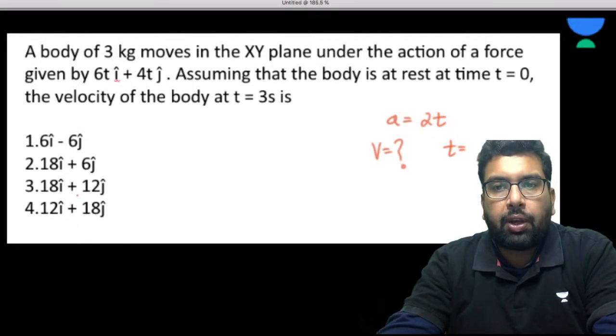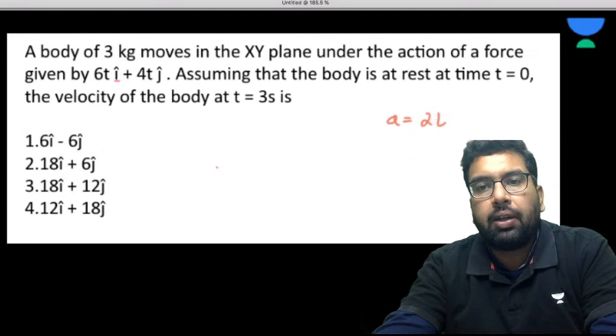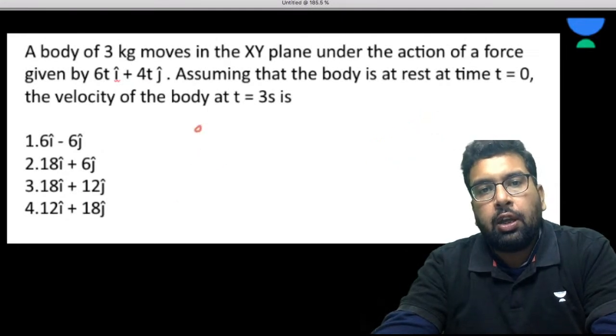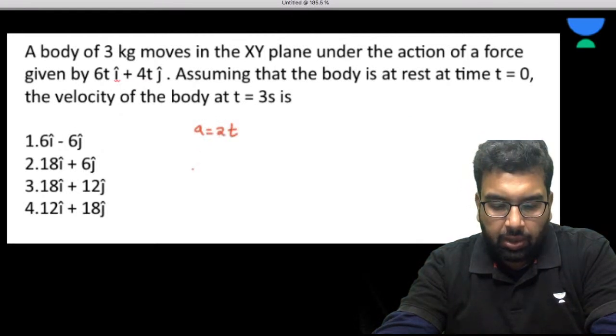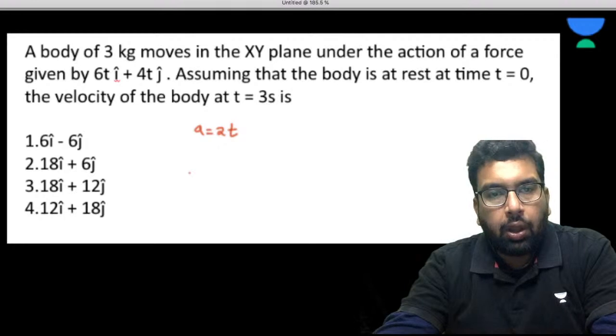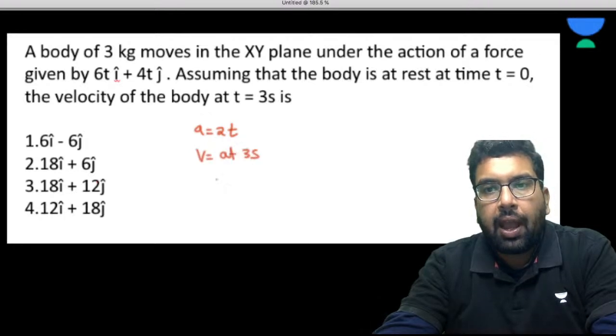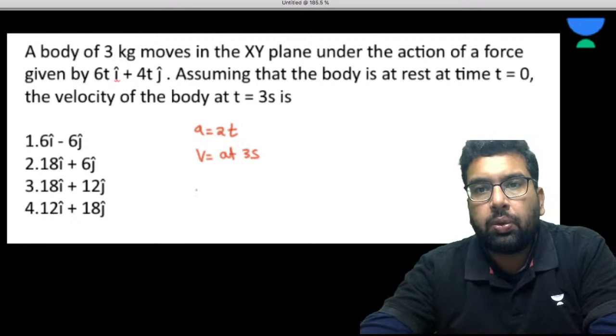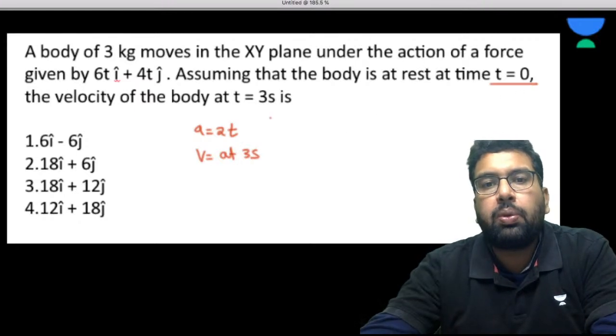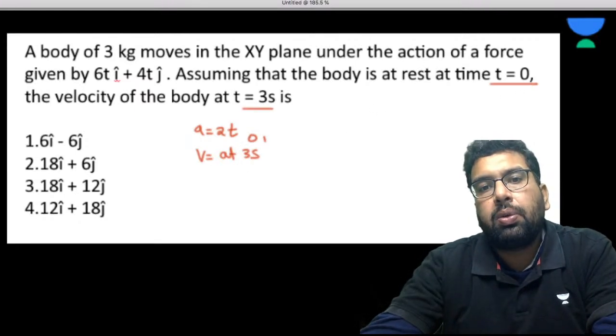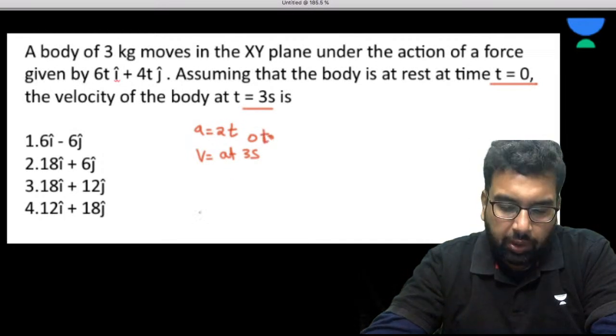You get my point, what I'm trying to say. If I give you a function a equal to 2t, and ask what is the velocity at 3 seconds, that is, from time 0 to 3 seconds, what is going to be the acceleration?